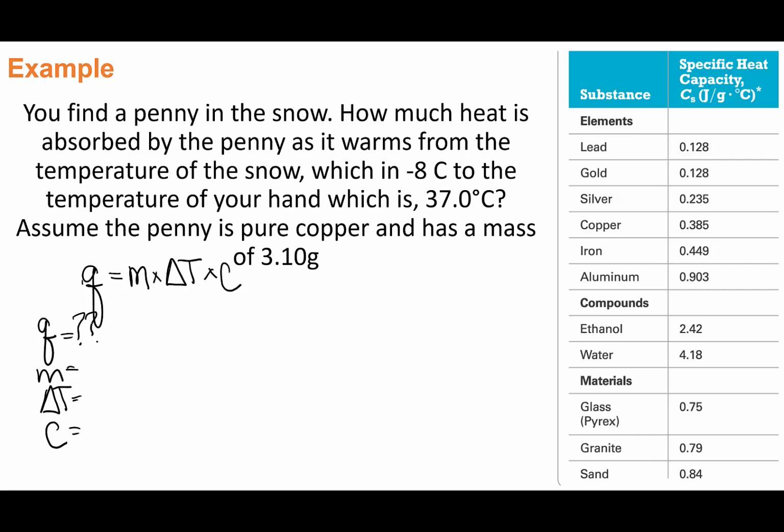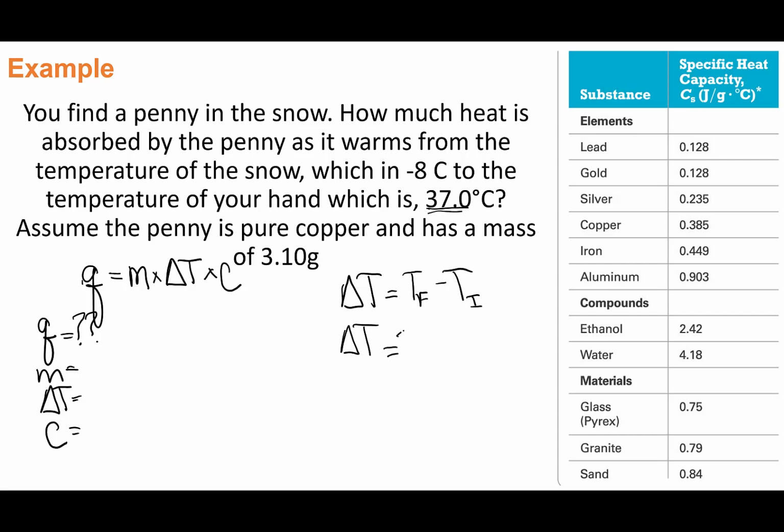It warms from the temperature of the snow, which is -8 degrees Celsius, to the temperature of your hand. So we're going to look at this change in temperature piece. Remember, change in anything is always final minus initial. So temperature T with the subscript f is temperature final, T with the subscript i is temperature initial. In the change in temperature, what is the final temperature of the penny? After some time has passed, what is the temperature of that penny?